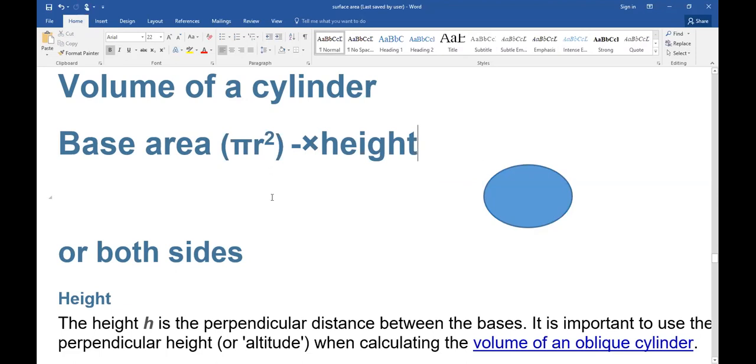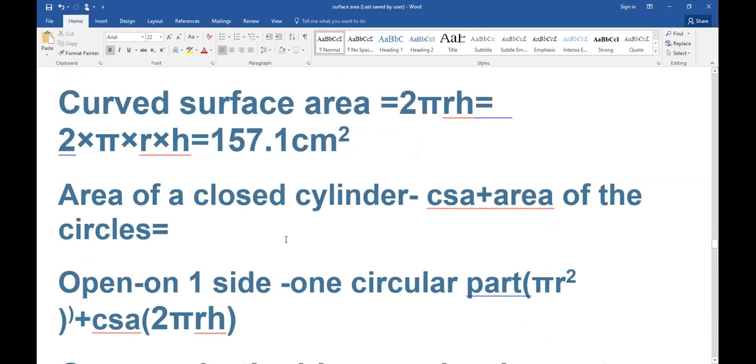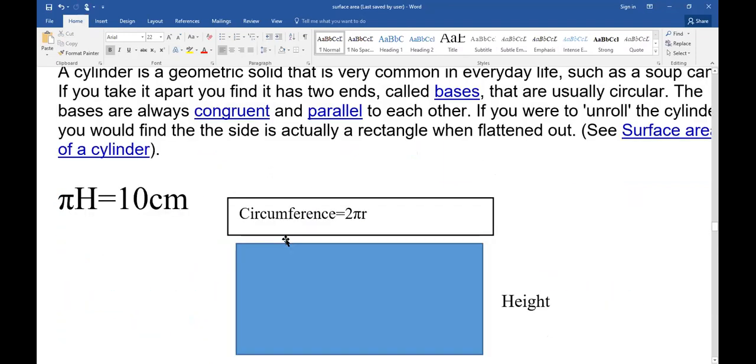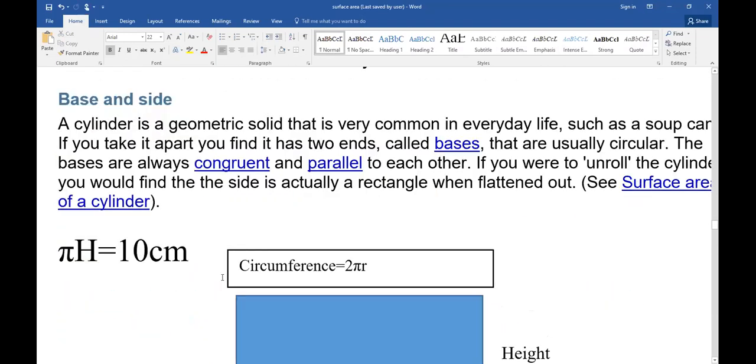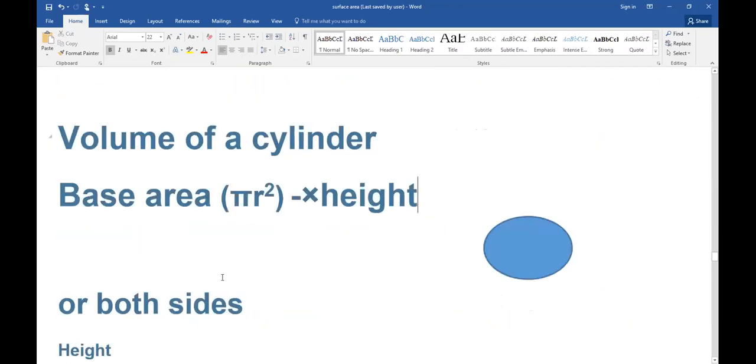So what is our radius? Remember, our radius was 5 centimeters and our height was 10 centimeters.